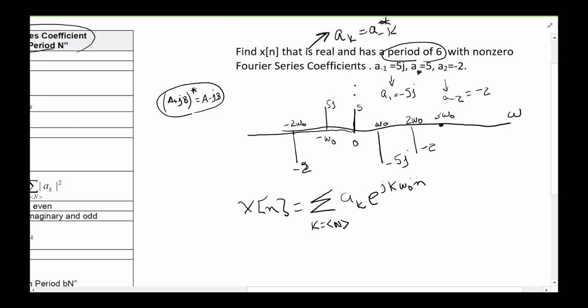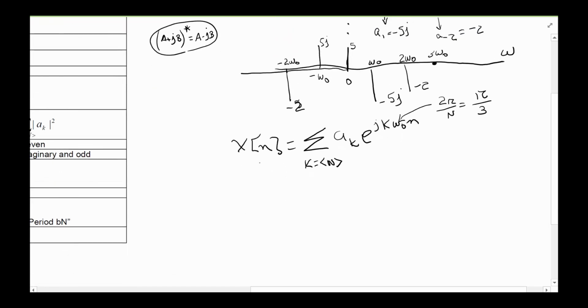Since the period is 6, omega 0 is 2 pi over N, or another way of putting it, pi over 3. So now all I have to do is expand this x of n over one period, and I'm good to go. So I'll start with minus 2 because that's the beginning of my period.